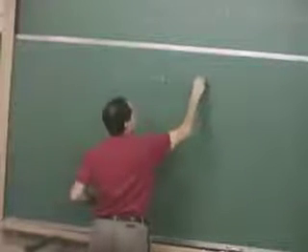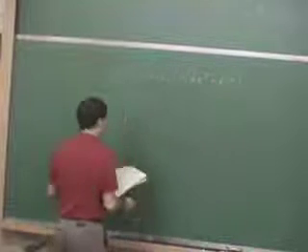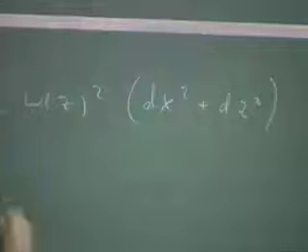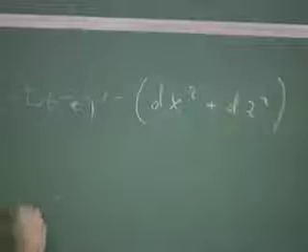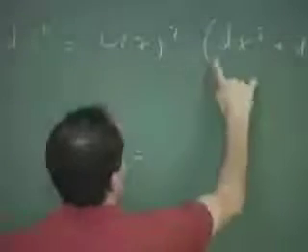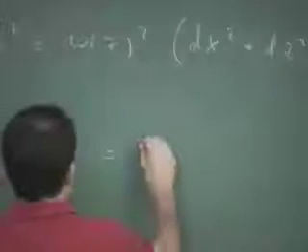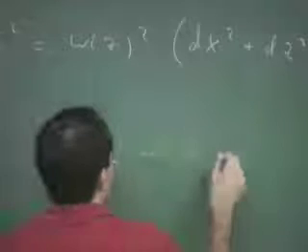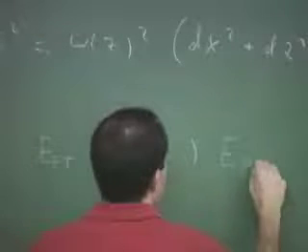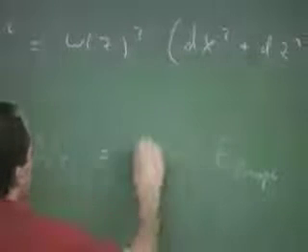If you have these spacetimes, of which AdS is an example, where we have a warp factor times dx squared plus dc squared, then as we said, the energies in the field theory are measured with respect to derivatives with respect to this time, and are equal to the warp factor times the proper energies.